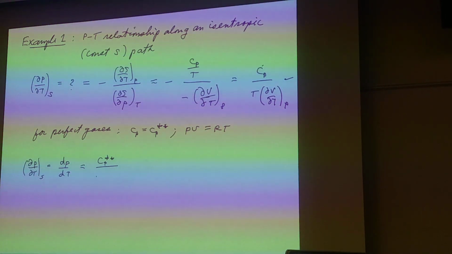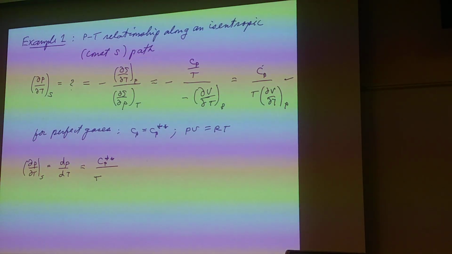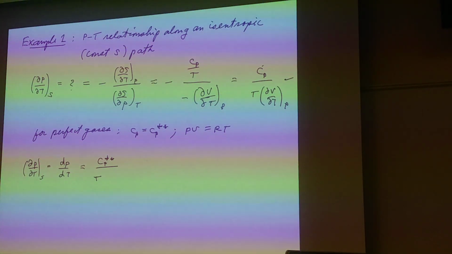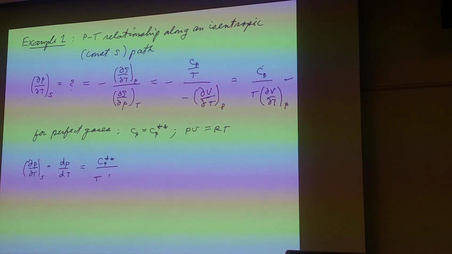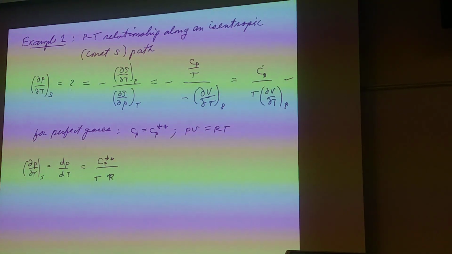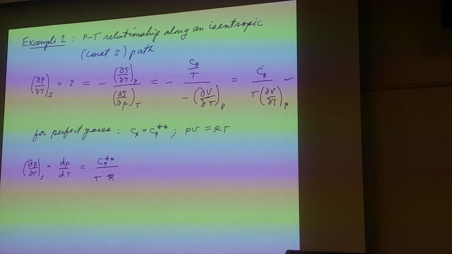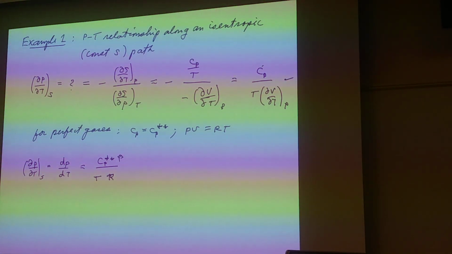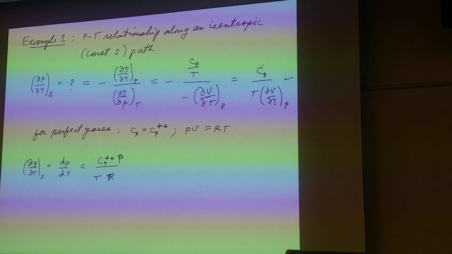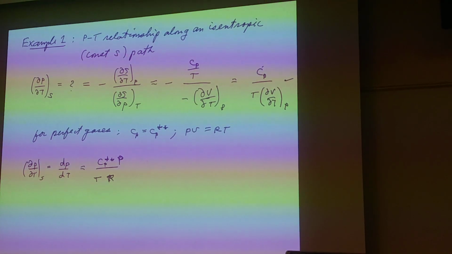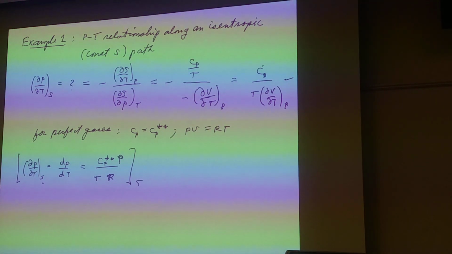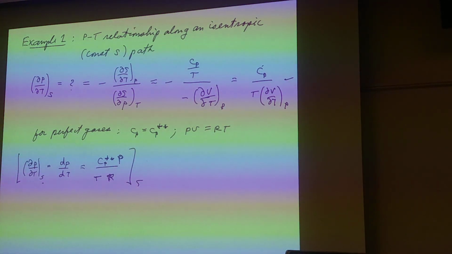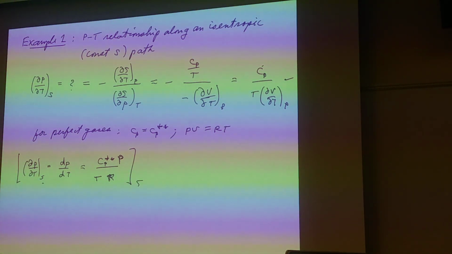And down here, I have T times partial V with respect to T at constant P, which is R over P. So I have down here RT, and P up here. But this is all now in the environment of constant S that's implied here. So in that environment, I can just separate variables and integrate this.